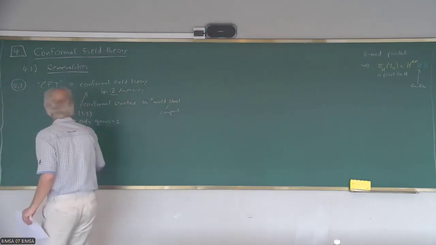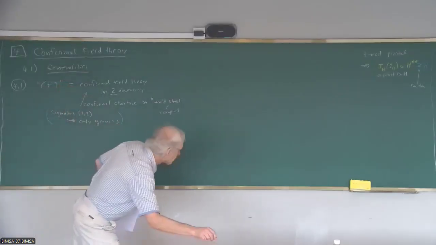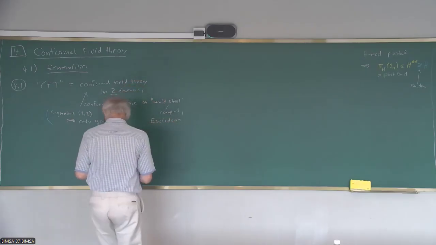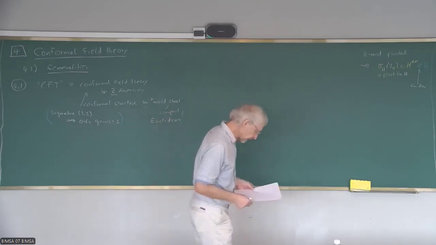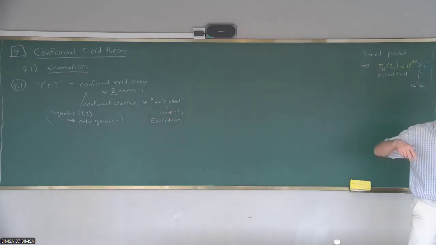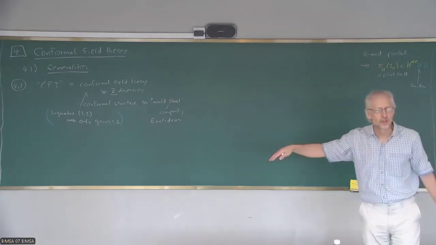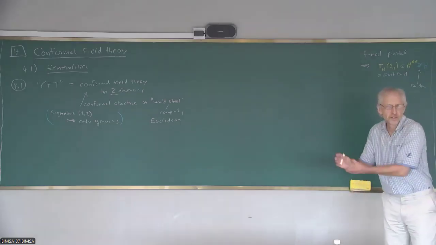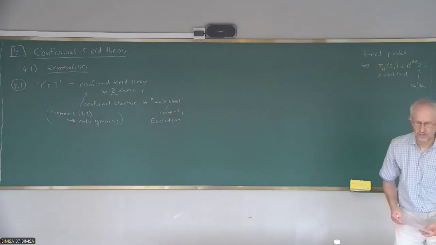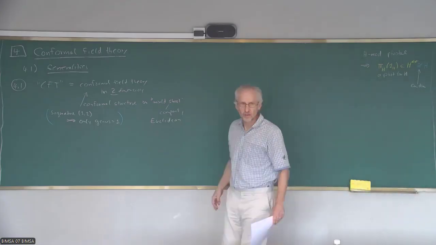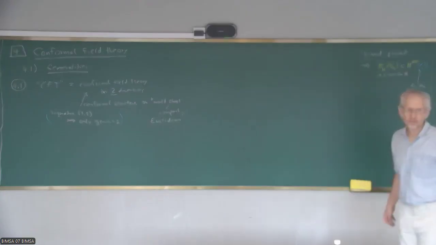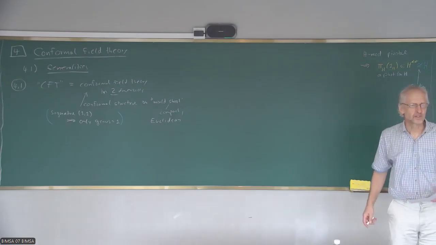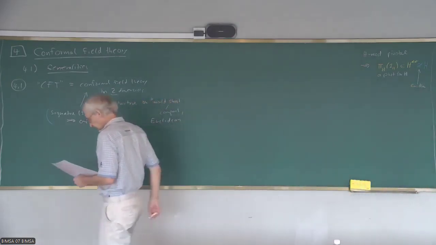So for us, this will also always be Euclidean, and you have to be aware of that in situations where you apply this in physics, the situation where you have one space and one time dimension. In that case, it's non-compact. At least the time dimension is preferably not compact. Otherwise, you get into various troubles. But then you have to argue with it, and I will not try to do that.